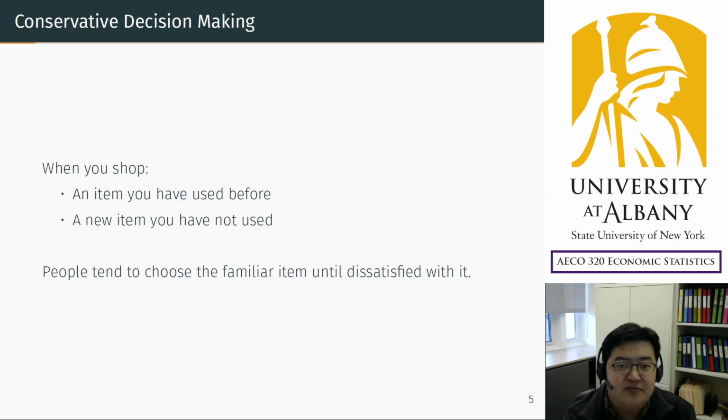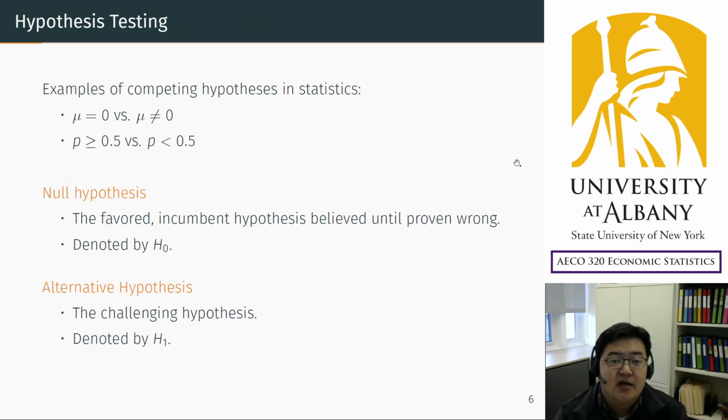The similar structure can be found in statistics. That's hypothesis testing. In hypothesis testing, there is a hypothesis, and the hypothesis is formed before looking at the data. I just believe the mean is 0, or I just believe the percentage is greater than 50%, for example. Things like that. And that's the existing hypothesis.